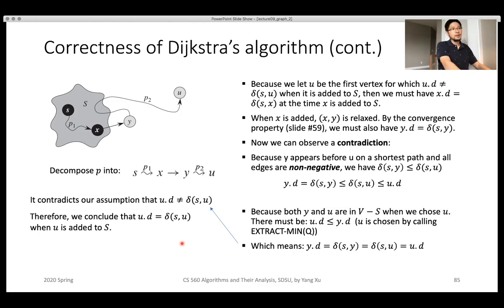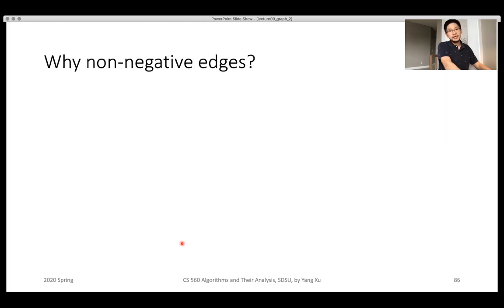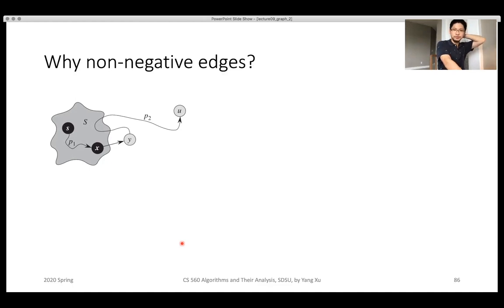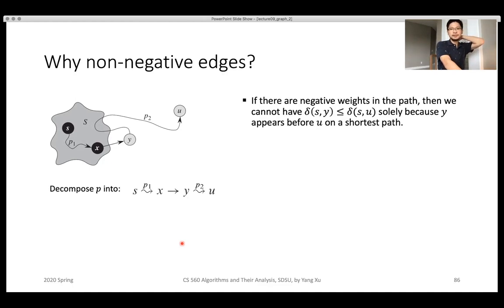So it also becomes obvious why we need non-negative edges, right? Because in the proof, we have shown that if there are negative weights in a path, it is possible that there are some negative weights along the path P2 that make the d of u smaller than the d of y, right?